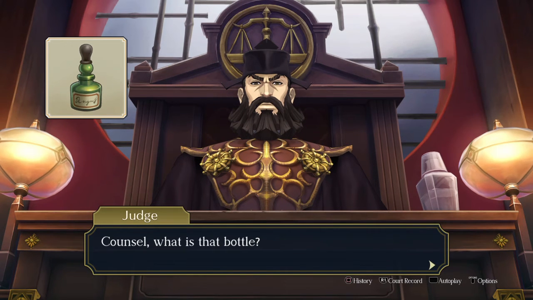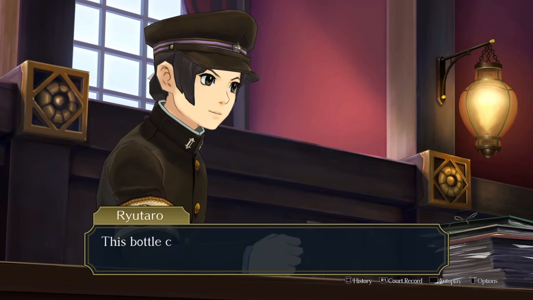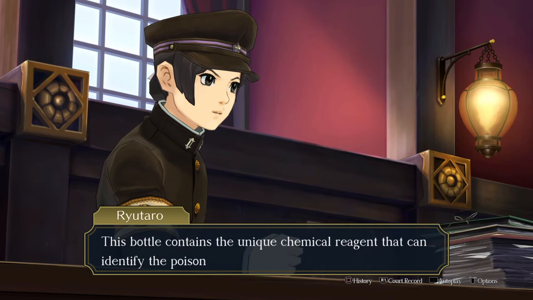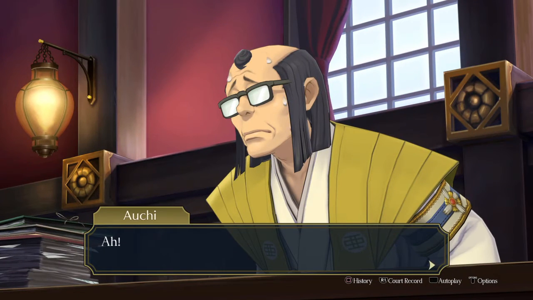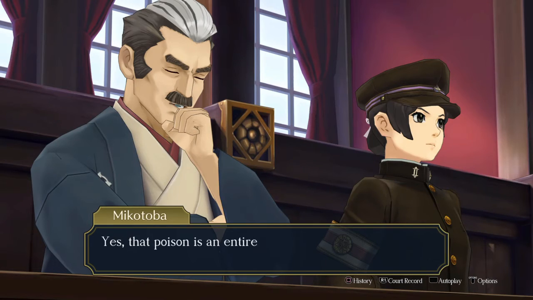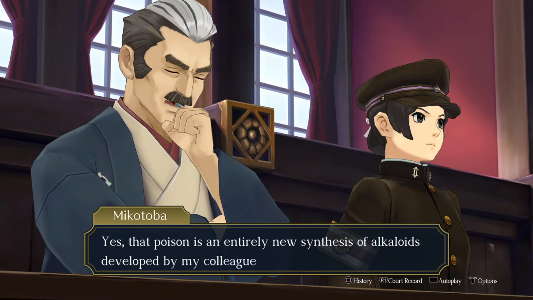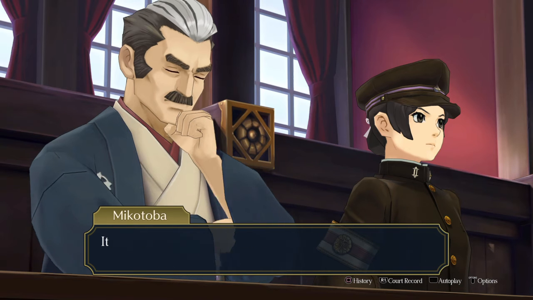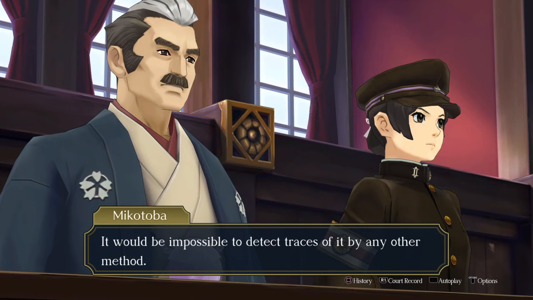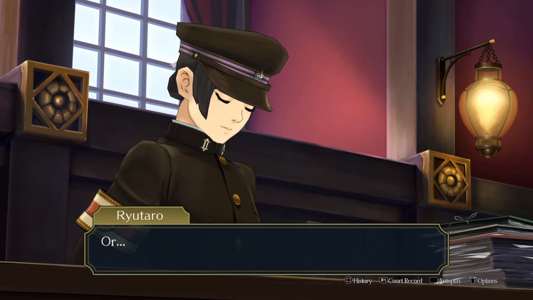Counsel, what is that bottle? This bottle contains a unique chemical reagent that can identify the poison in question. Yes, that poison is an entirely new synthesis of alkaloids developed by my colleagues and I. It would be impossible to detect traces of it by any other method.